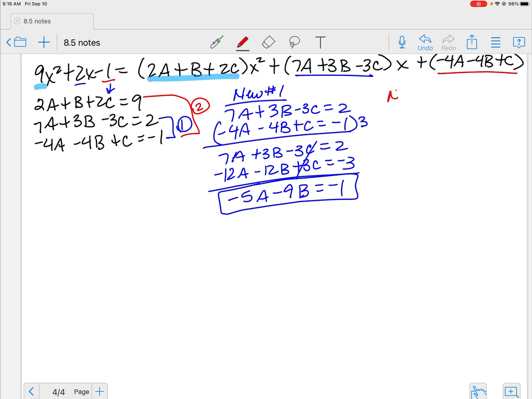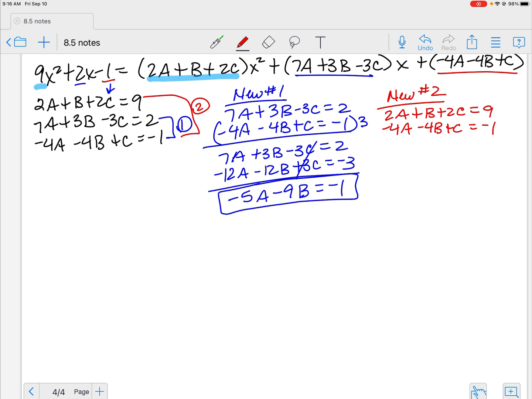Now I got to come up with a second new equation with only 2 variables, because then I can use those for my system. All right, so here I'm going to write 2a plus b plus 2c is equal to 9. Negative 4a minus 4b plus c is equal to a negative 1.